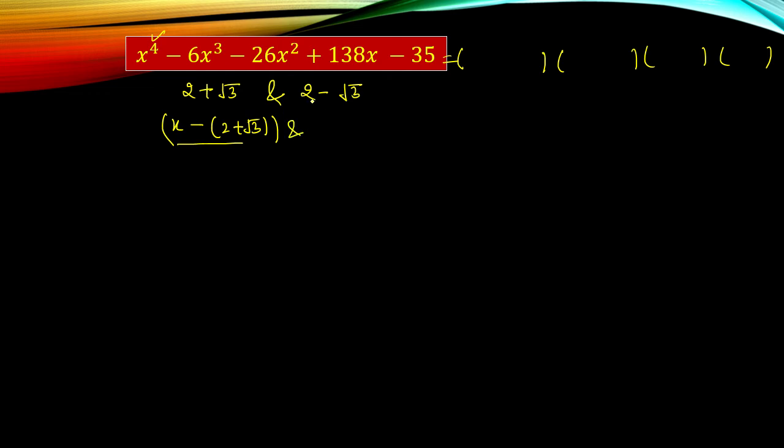Similarly, we will do the same thing here, changing the sign of the zero and associating it with the variable, so we will get the factor of the polynomial. So we have two factors of the polynomial. The first factor is x minus 2 minus root 3, and the second factor is x minus 2 plus root 3.